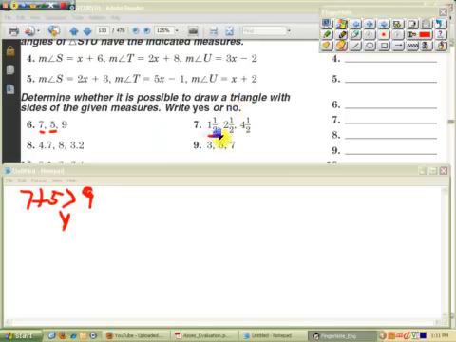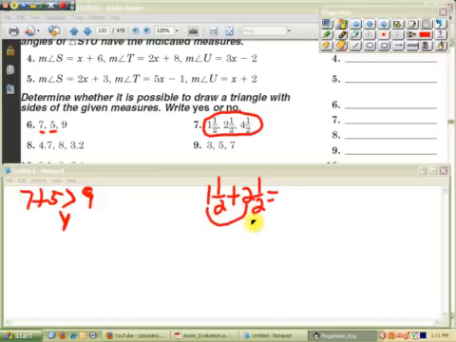Now, again, we hate fractions right here, but we're going to add the 2 smaller sides. So we're going to add 1 1/2 plus 2 1/2. Well, 1 plus 2 is 3, and 1/2 plus 1/2 is another one, so it's a 4. 4 is not greater than 4 1/2, so this is not a triangle. Again, take the 2 smaller sides.